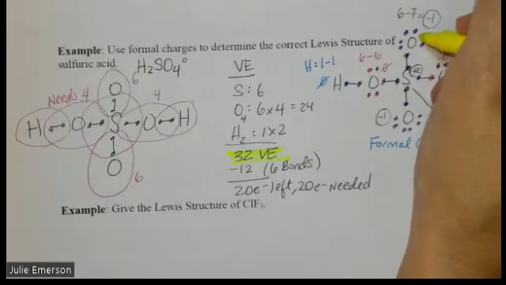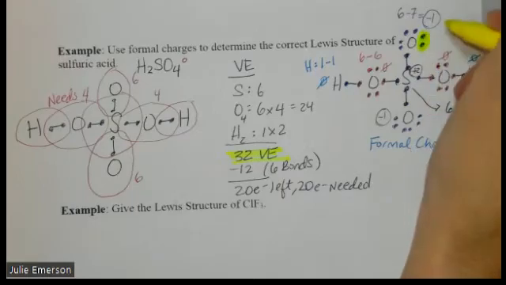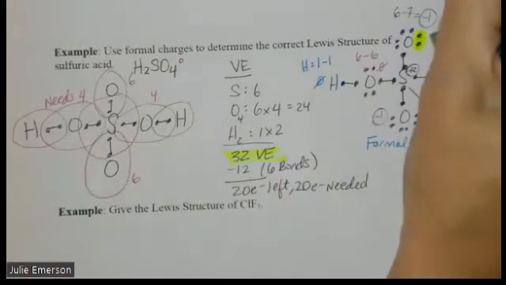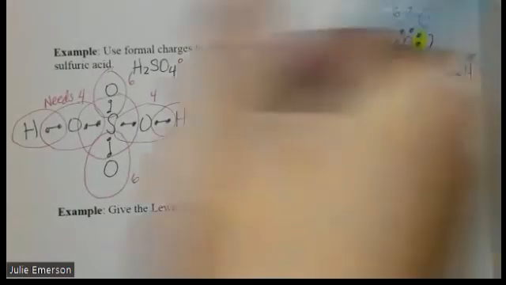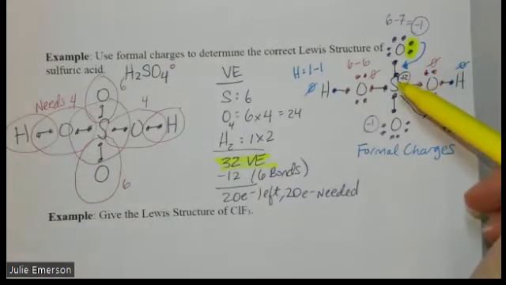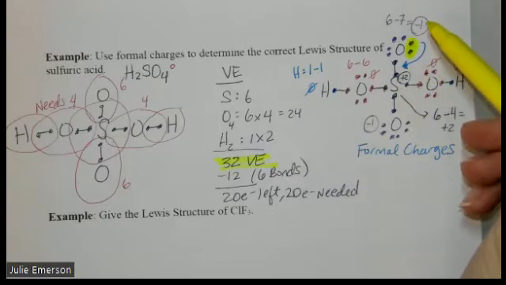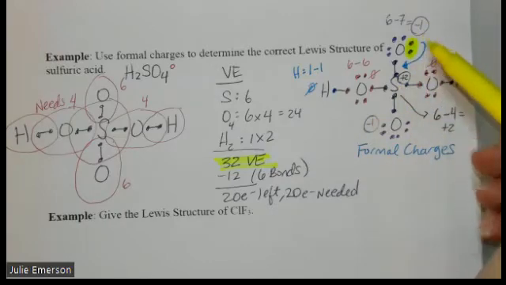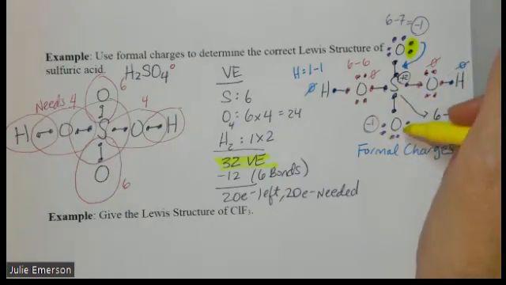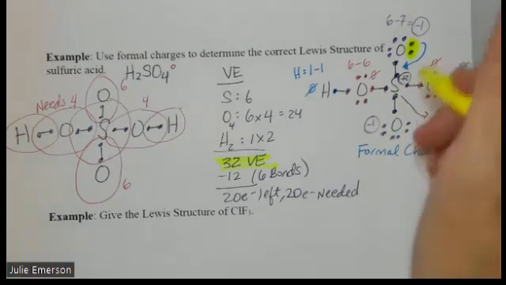So we're going to take one of these lone pairs, where the -1 formal charge is, and move it to become a bonding pair. And then we're going to do that again. The reason we know we're going to do it again is because we have a +2 center and a -1 and a -1. That means we're going to do this twice because it's +2. If it were +3, we would try to maybe do it 3 times, depending on what the structure was.